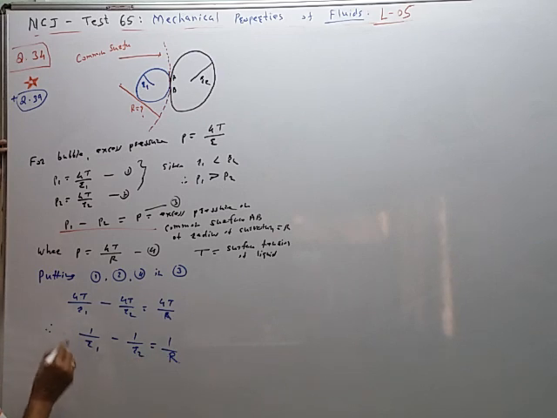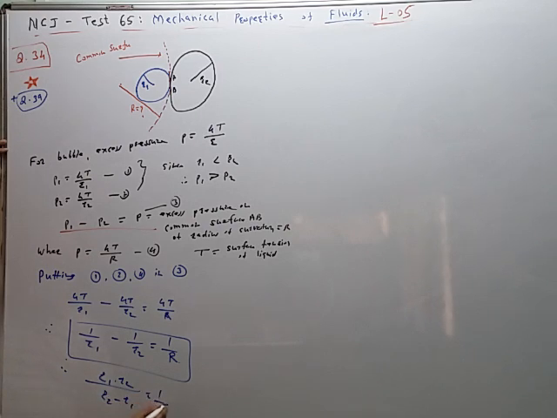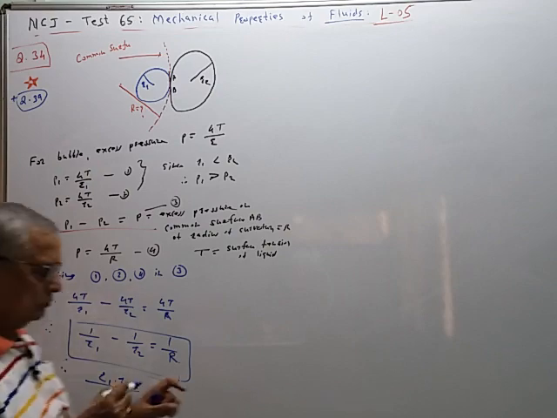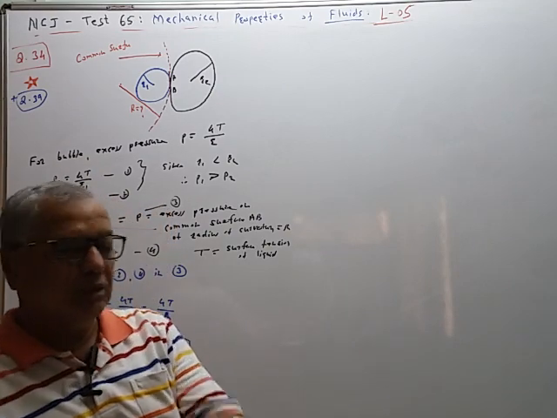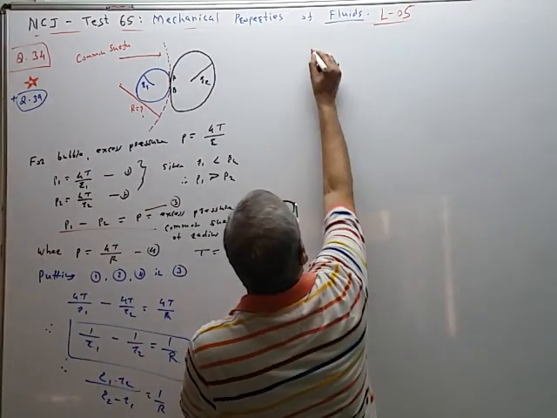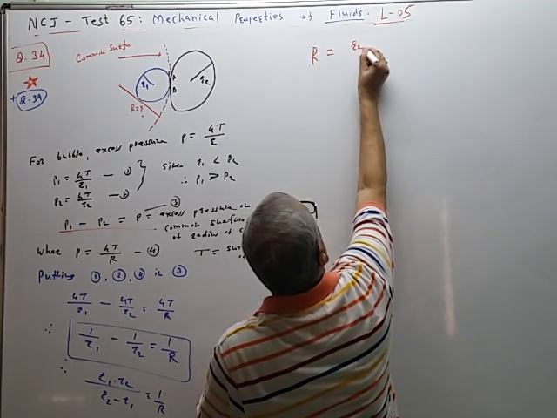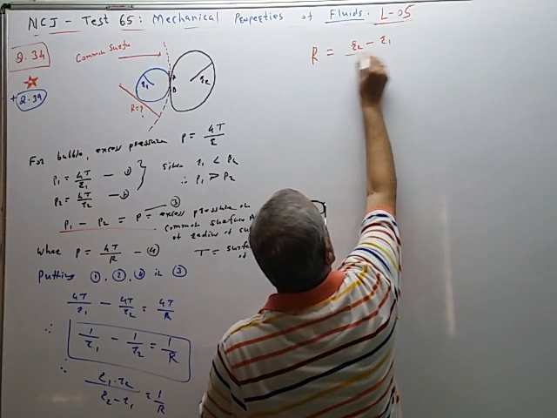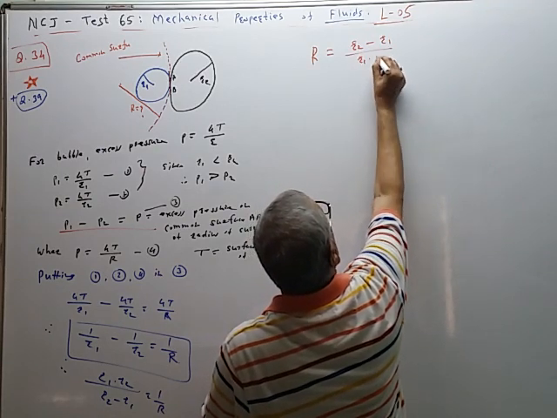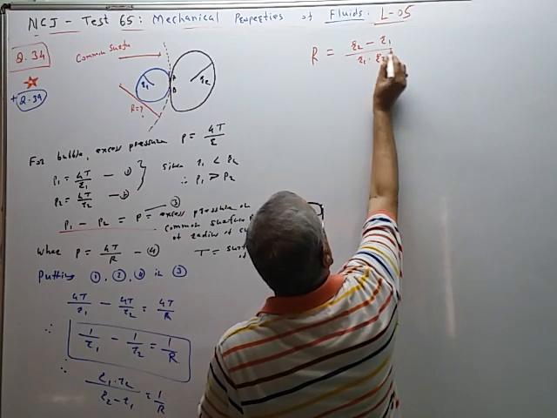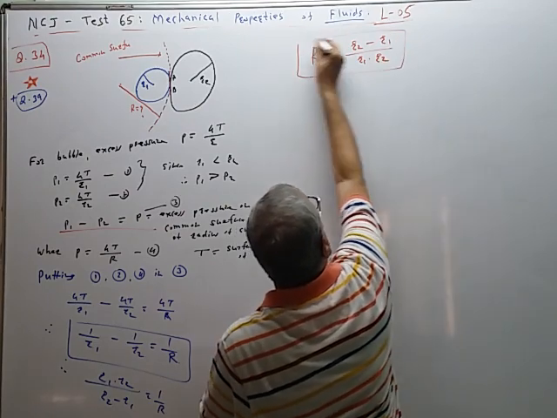हा झाला formula. Therefore, basic formula is this. Therefore, you can arrange the terms: R1 into R2 upon R2 minus R1 is equal to capital R. This is the required formula.